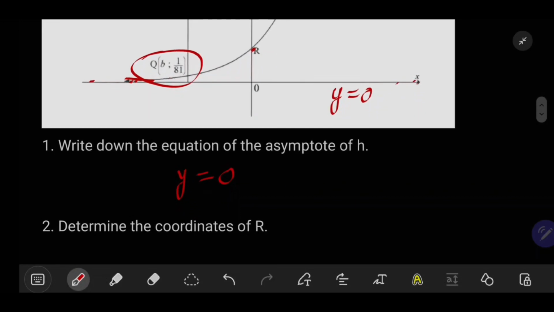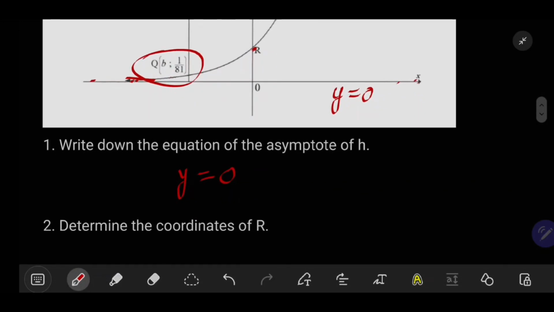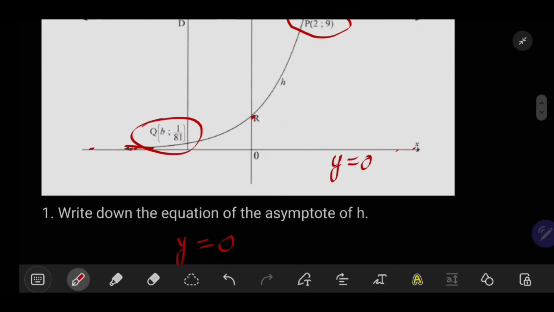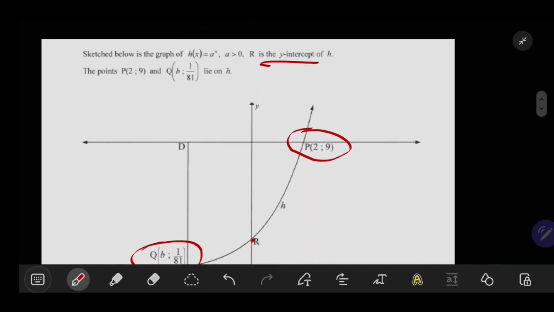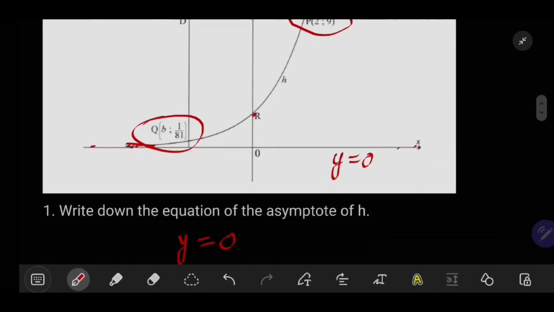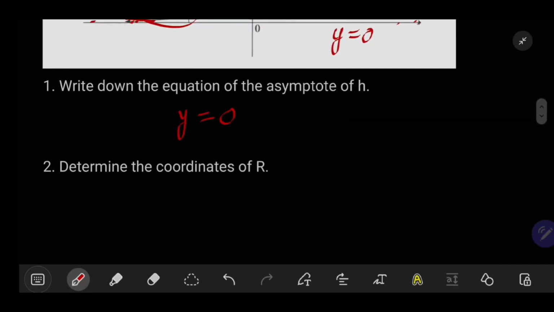Then we move to the second one. They say determine the coordinates of R. Remember, they said that this is the y-intercept of our graph h. So here we're looking for the y-intercept, whereby we're going to let our x value be equal to 0. Our equation of the graph is y is equal to a raised to exponent x.